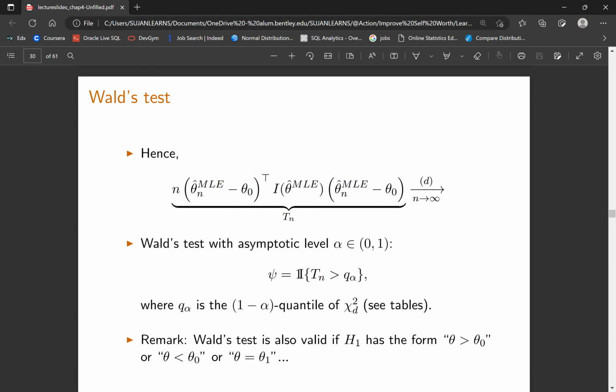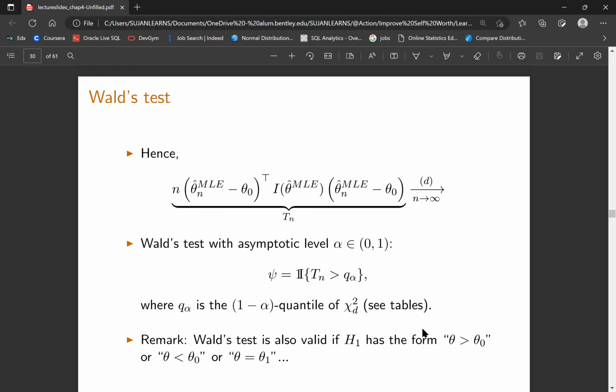To do that, we need to start from our last slide, where we created some hypotheses.